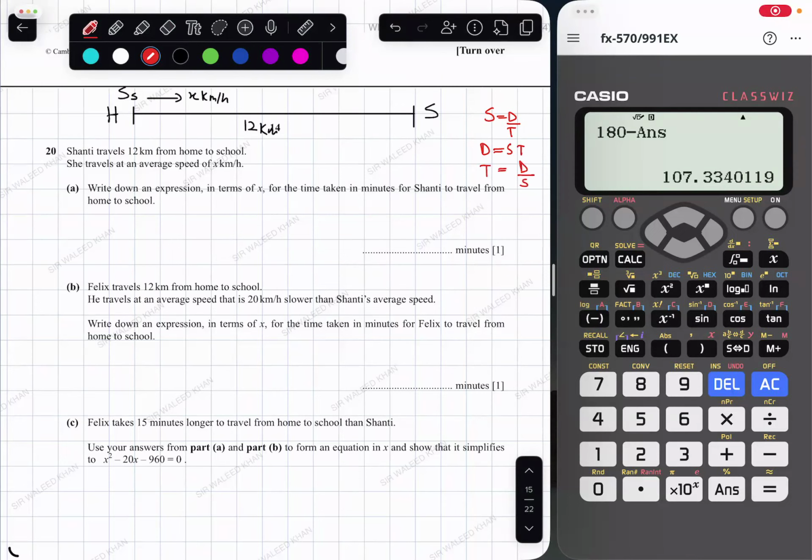Now, to figure out the time in minutes, what we have to do is use 12,000 meters, right? The distance, we have to use. Okay, let's do one thing. First, let's figure out the speed, right? The speed is x kilometers per hour, and they need the time in minutes.